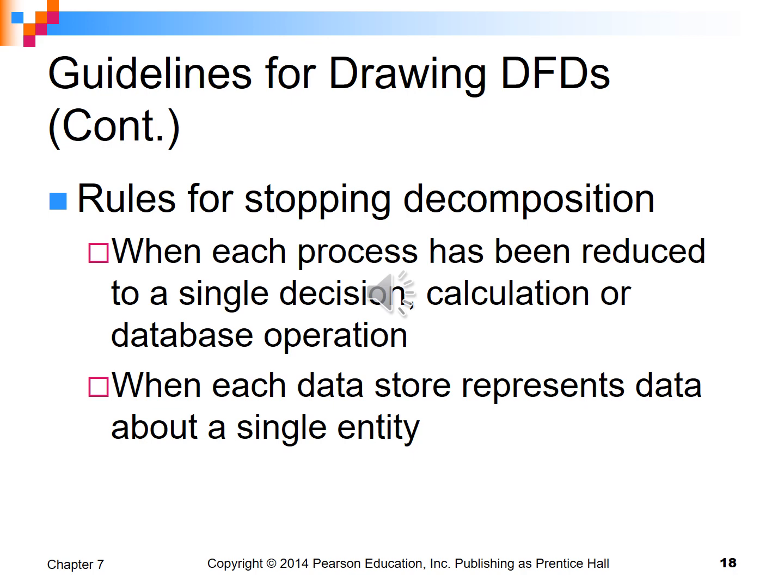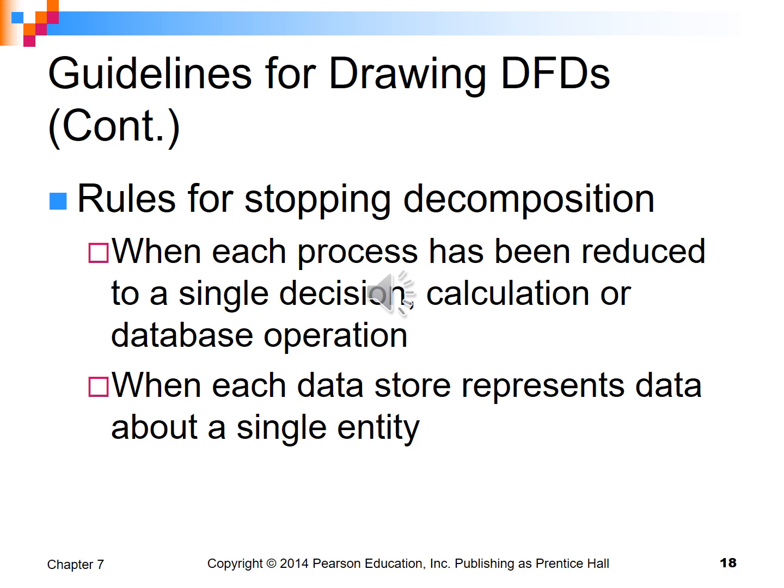Well, the coming 3 slides list the guidelines for stopping decomposition. The way I see it, stopping decomposition is really your decision, and it depends on the environment. It depends on the non-functional requirements.